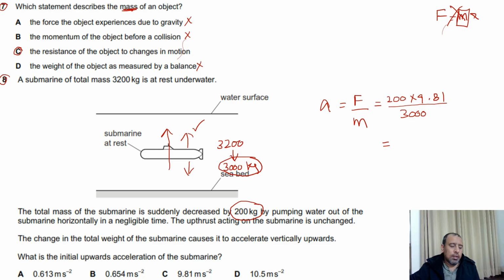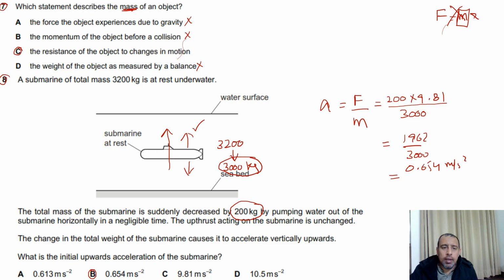This one is 1962 divided by 3000, and the answer is 0.654 meter per second square. That's why this option B is correct.